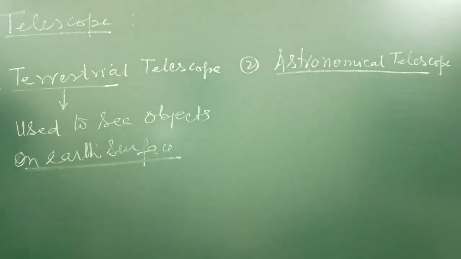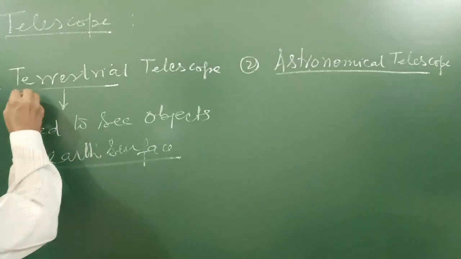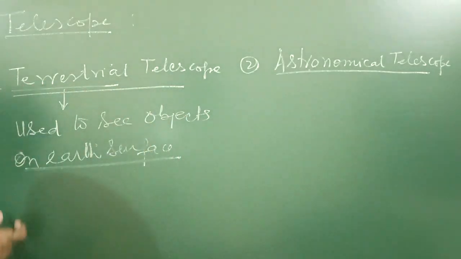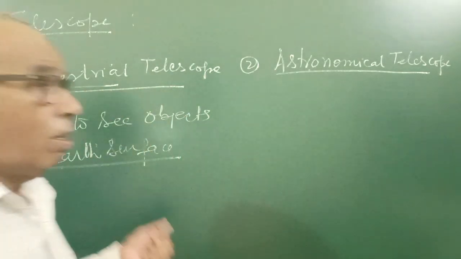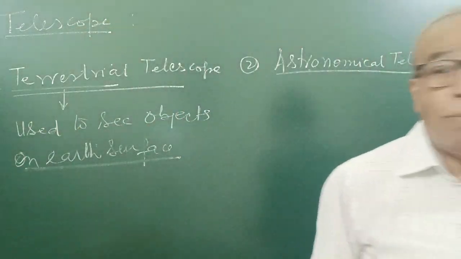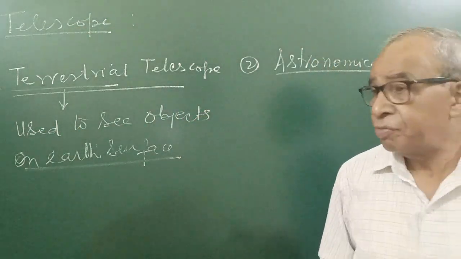The engineers who make roads, who make canals, they make some survey, they use a terrestrial telescope. In this special telescope, the image is always erect.